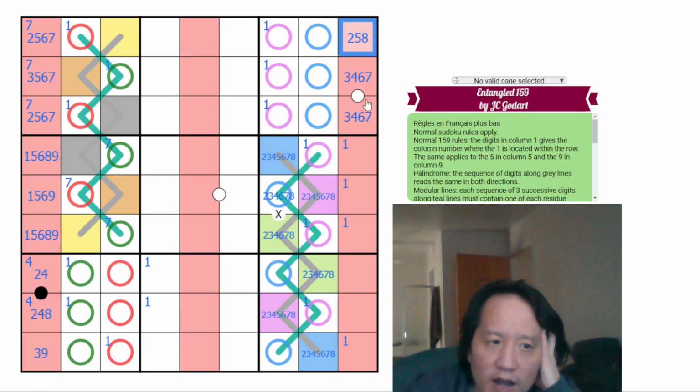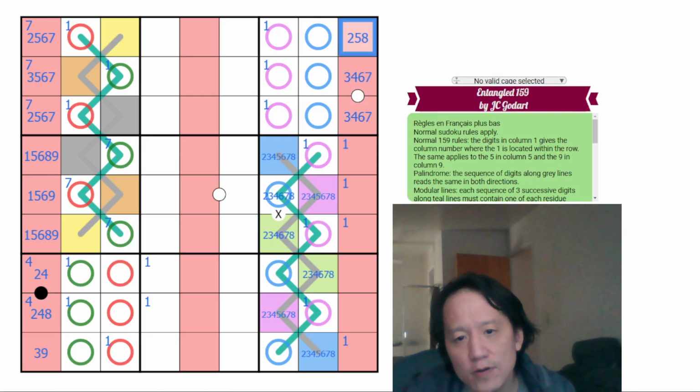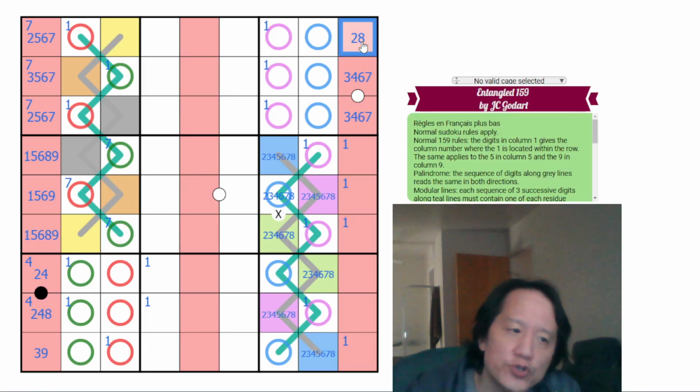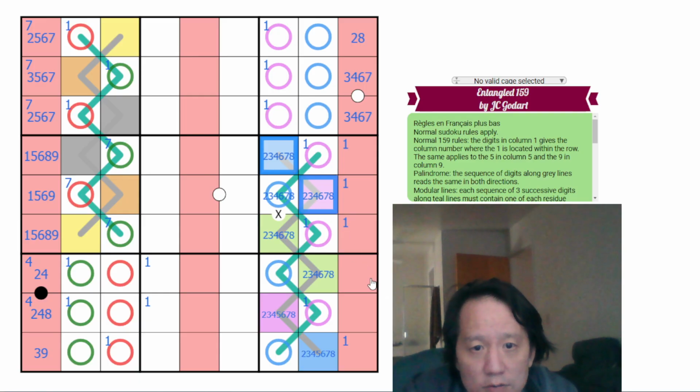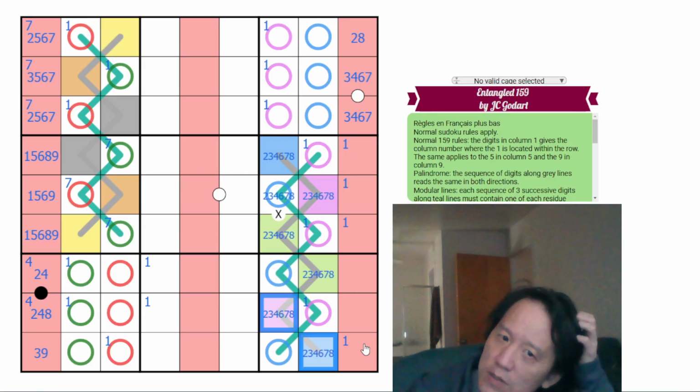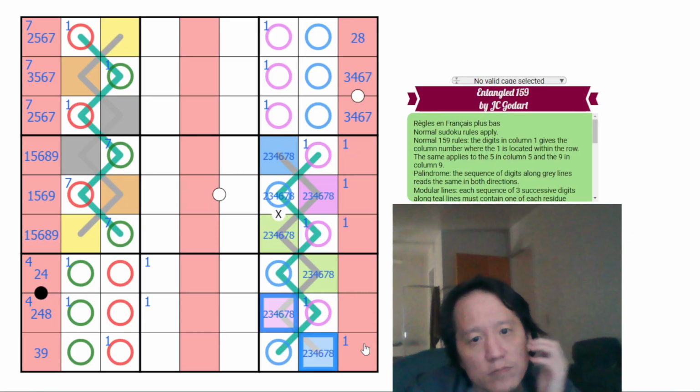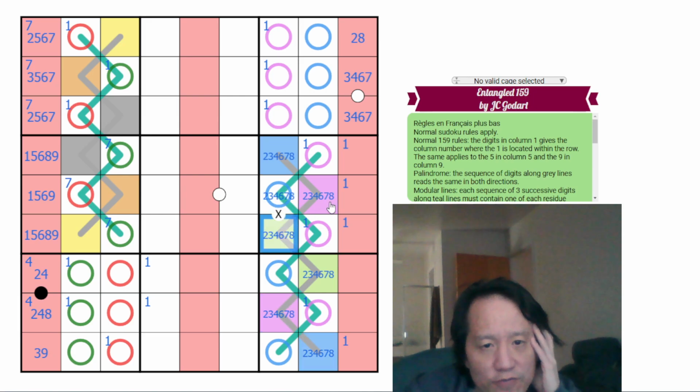If this is 5, that eliminates both, so it cannot be 5. So this is 2 with 6 or 7. Oh, interesting. Okay, so none of these can be 5. Oh, that's interesting. Okay. So this can't be 5, this can't be 5, this can't be 5, this can't be 5.